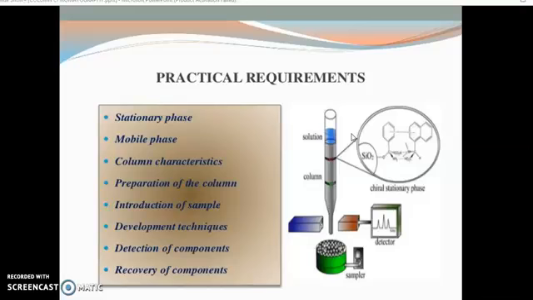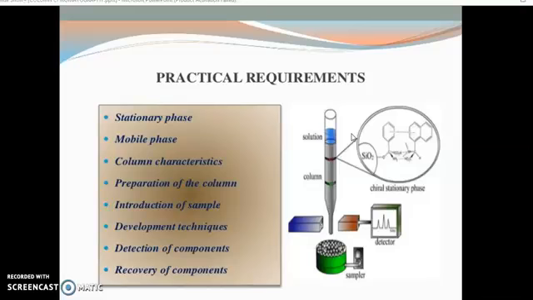The column can also be prepared manually, or you can purchase an automatically prepared column directly, but it is somewhat expensive. However, the results it gives are excellent compared to a self-prepared column.